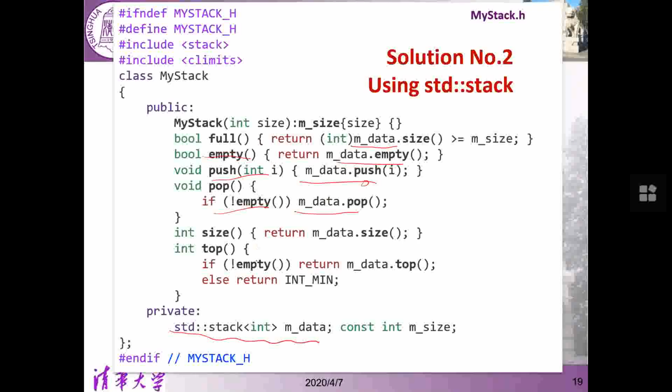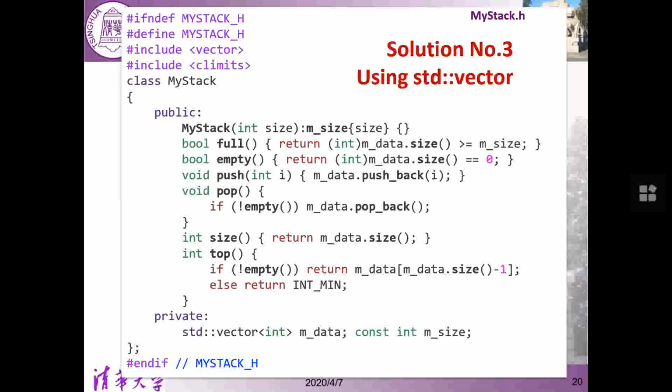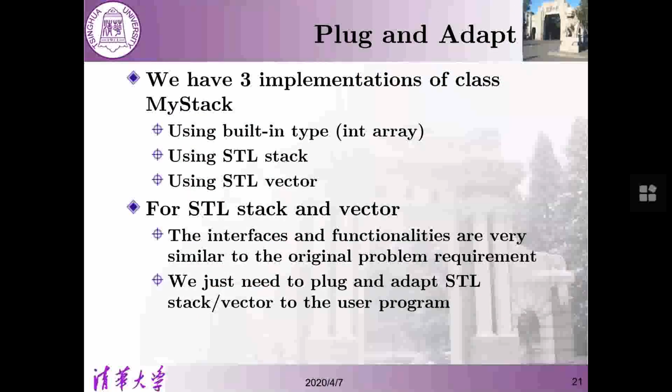However, for example, top, we need to further check whether we have one or not. Only the interface differs; the interfaces are similar and the implementations are similar. We just adapt this STL stack to this stack, right? Also for STL vector is similar, right?